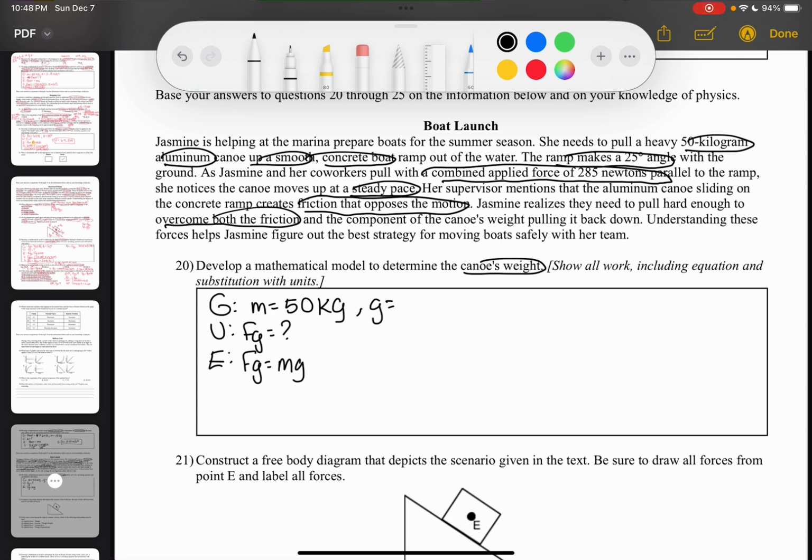It's kind of like what's getting pulled into the surface, what's getting pulled down the slope of the inclined plane. So we're going to use positive 9.8 meters per second squared. So Fg is equal to 50 kilograms times 9.8 meters per second squared. If you calculate that, you get 490 newtons.